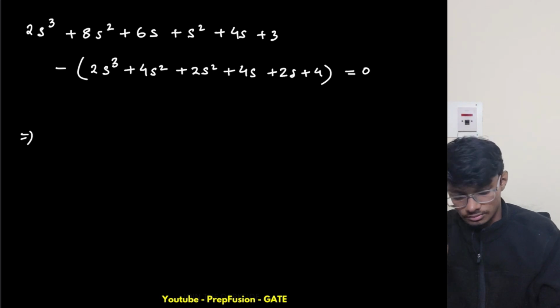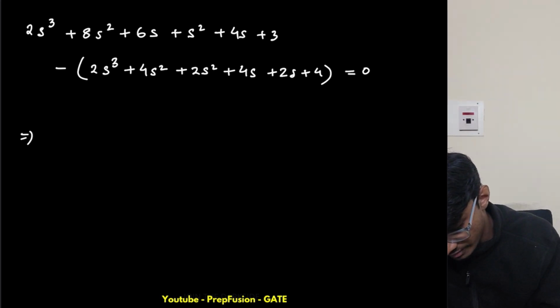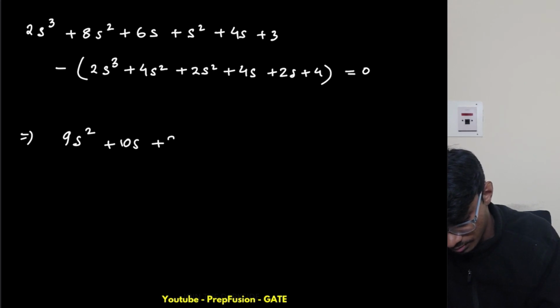Now let's get the final expression. This 2s cube gets cancelled, so we have 8s square here, and another s square, so this is 9s square. I'm getting the like terms together, and this is 10s and this is plus 3.